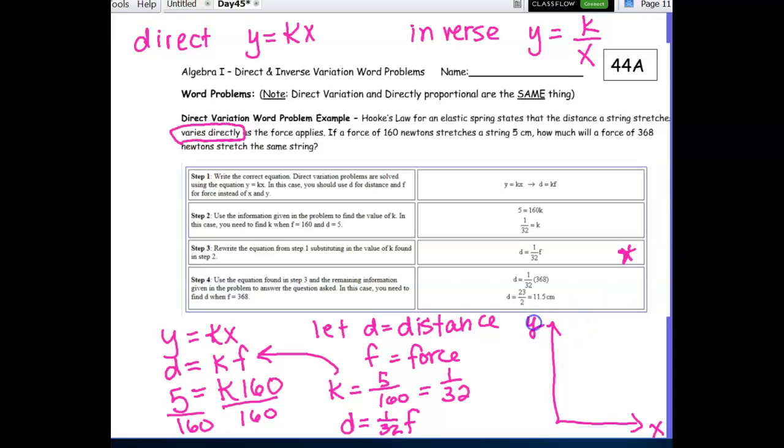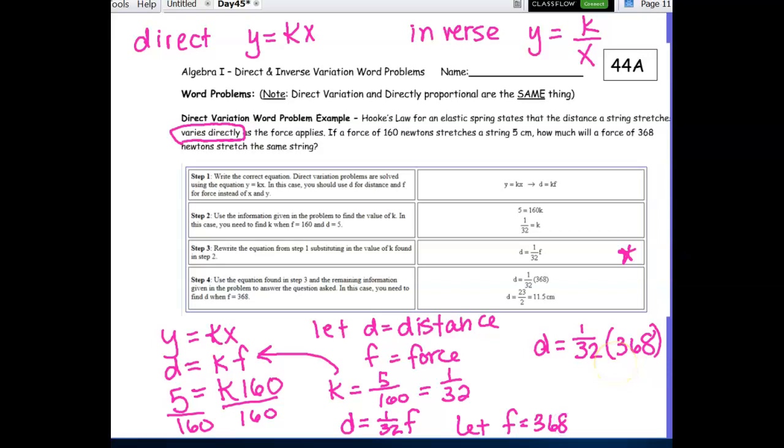In order to do that, our force is 368, so our distance would be equal to 1/32 times 368, because the word problem is telling us to let our F be equal to 368.